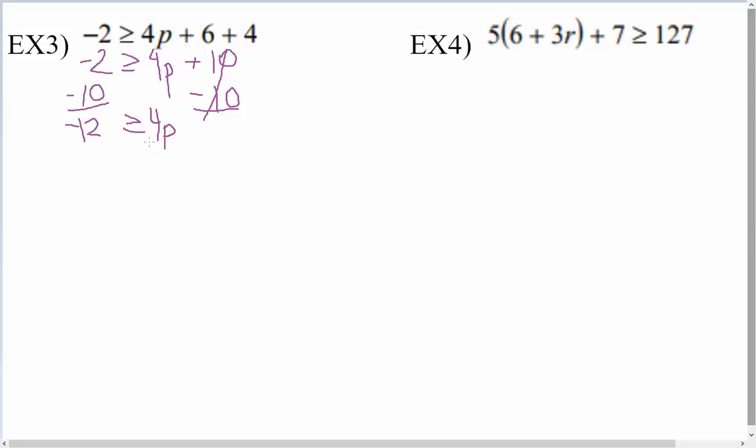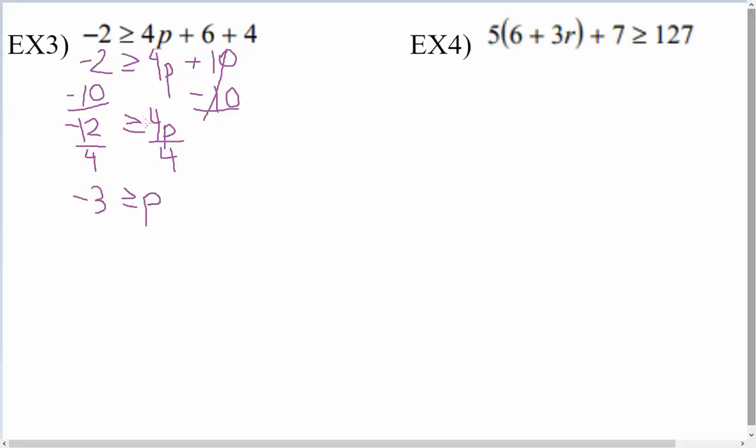And finally, eliminate the coefficient. Divide by 4. So we're left with -3 is greater than or equal to p.